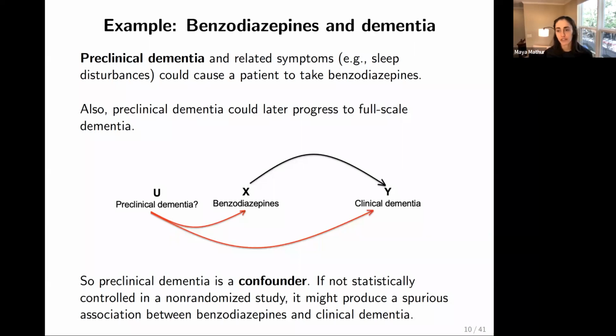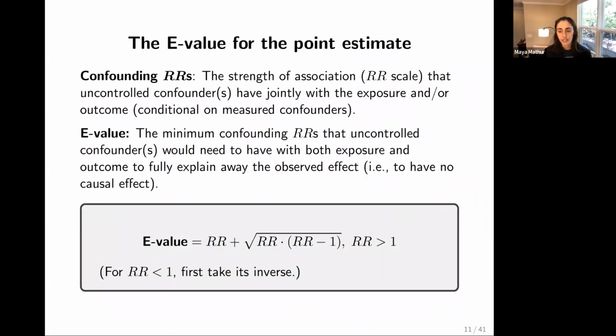And so that brings us to the first sensitivity analysis we'll see for a single study, which is called the E-value. And it starts by saying, okay, we're going to think about the strength of confounding as what's called confounding risk ratios. That is the strength of association on the risk ratio scale that uncontrolled confounders have jointly with the exposure and or the outcome.